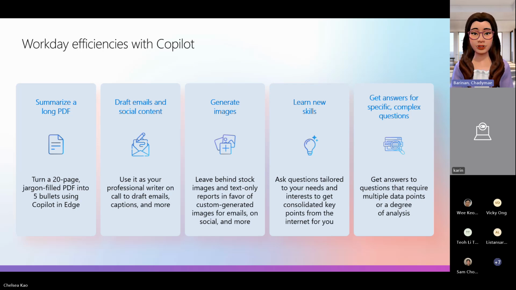Next is learning new skills. A good thing about Copilot is that because it's connected to the web and you're able to ask it questions, you can get a learning path if you want to pass a certain certification, or improve your speaking skills or other skills you need to develop. You can ask Copilot to draft a learning path for you.